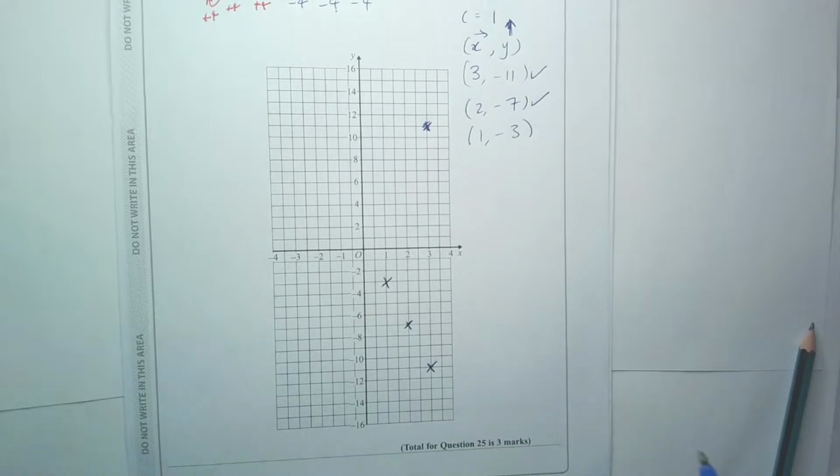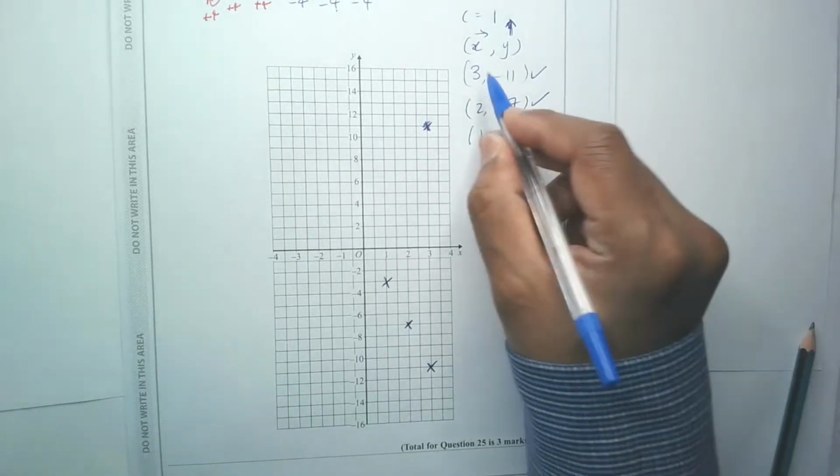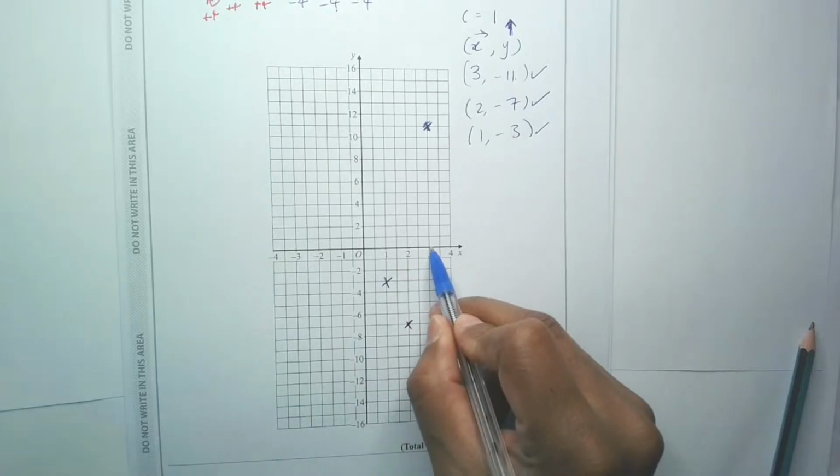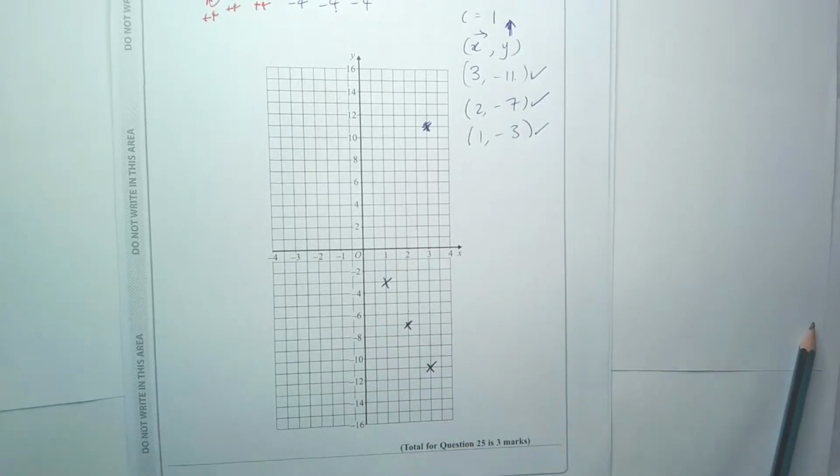So you may not have seen me do that actually. So let me just do 3, minus 11. So along the corridor 3, down the stairs 11. That's how I got that.